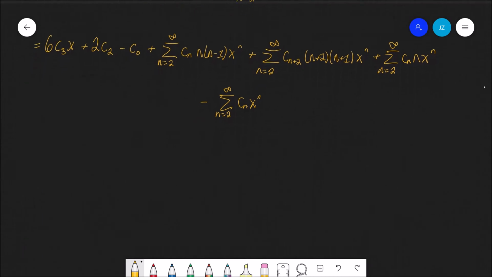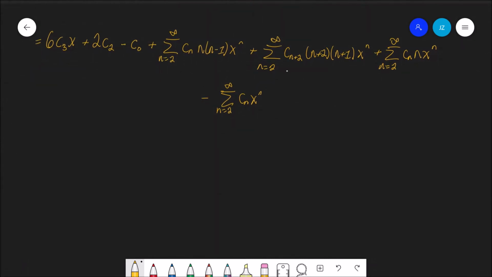Now that the starting indices are all the same, we can write this as a single summation.